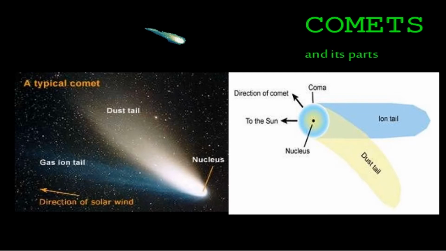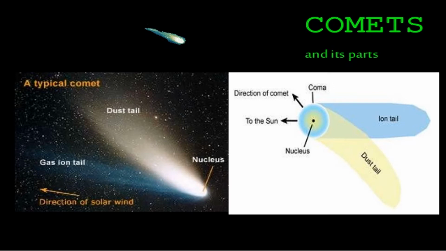Try to take a look at its parts. You have the coma, which goes near to the Sun, and the center part of the comet is the nucleus. This is how the dust tail looks. Then you have the ion tail, and this is the direction of the comet.